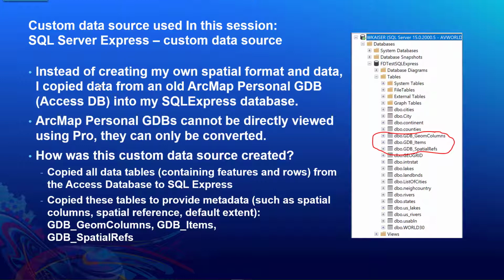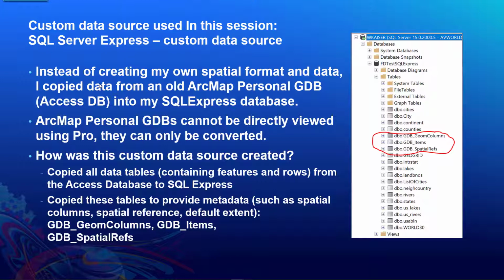This way, I knew that I had good data. I could use ArcMap to verify the location and the attributes of the data side by side. As you know, ArcMap personal geodatabases cannot be directly viewed using ArcGIS Pro. They can only be converted. So it's somewhat a useful sample as well.